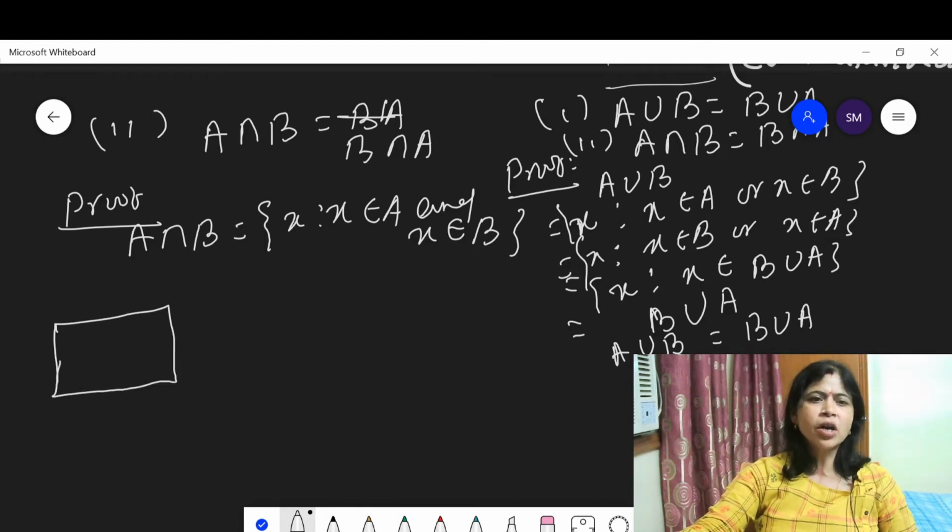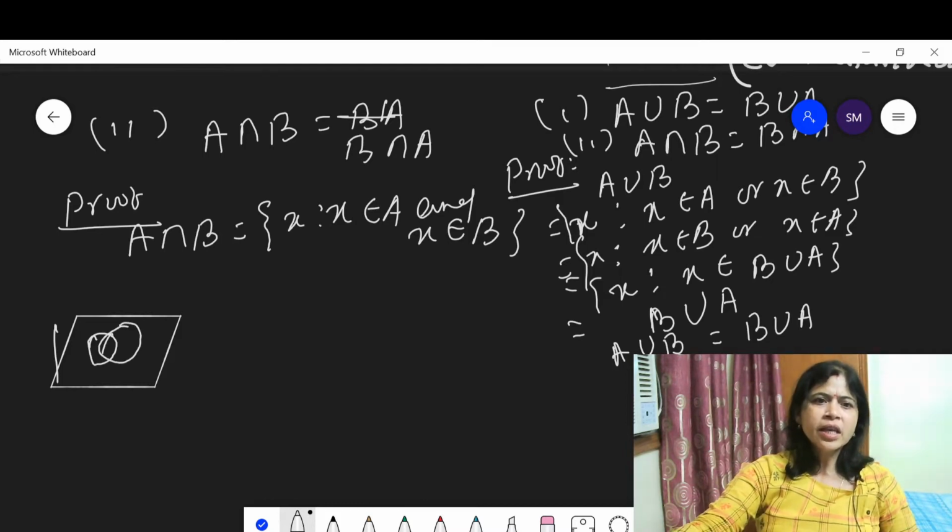Suppose this is the universal set, and A is a set and B is another set. This portion is called A intersection B, the portion in which the elements belong to both A and B.